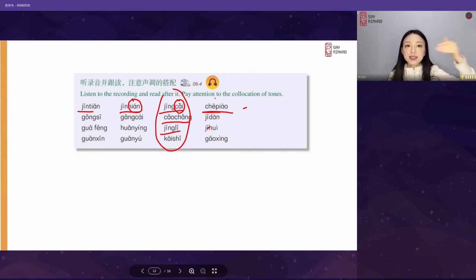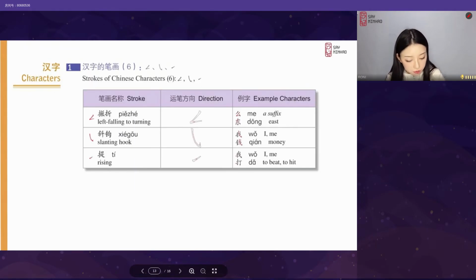Last one is 开始, not the full third tone, it's 开始, like 2-1-1. 始. It's like this. Okay, this is the third tone when it is in a collocation of disyllabic words.